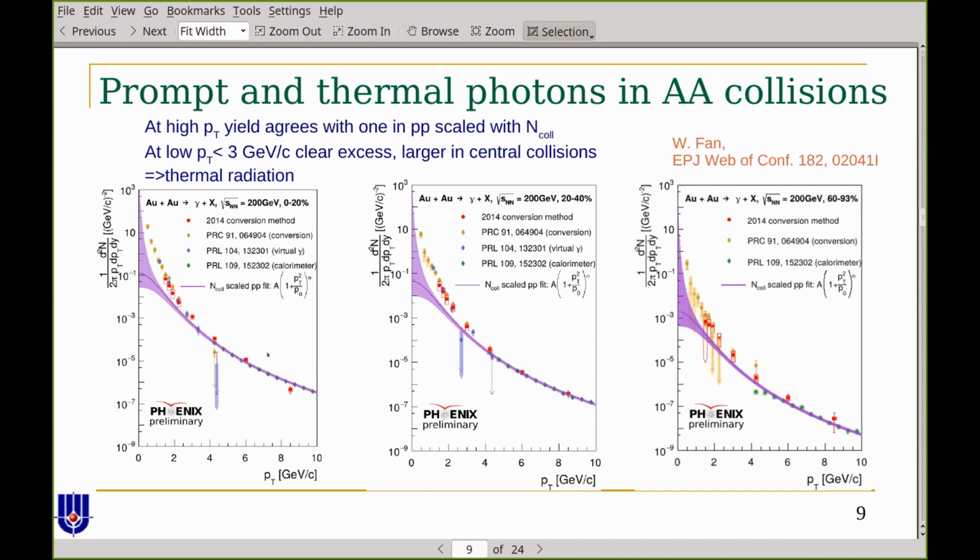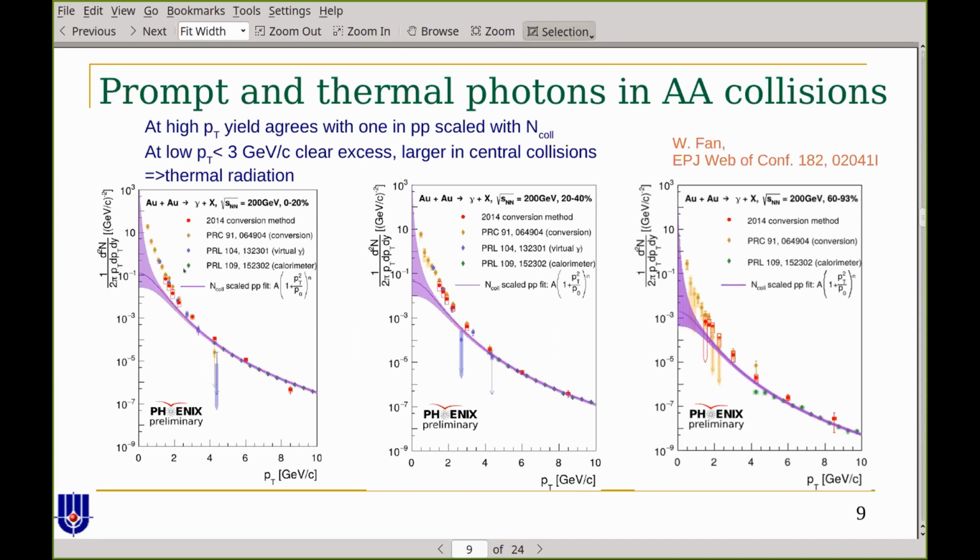And you see that at high pT, starting from 4 GeV, in all classes of centrality, so left is most central, then mid-central, and most peripheral, this prompt photon contribution agrees with the measurement, but at low pT we have an excess, which we can now interpret as thermal photon emission.